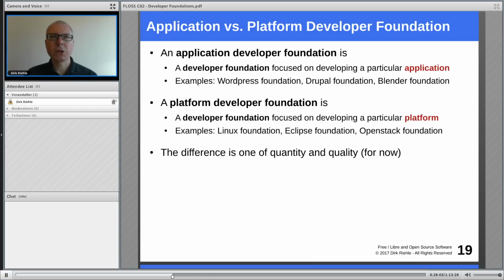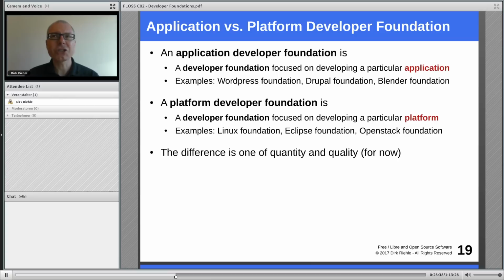Okay, so when we look at developer foundations, so far I mentioned the Apache Software Foundation as perhaps the original developer foundation. When we look at developer foundations today, we'll see that there are different variants of it, and simplifying, I identify here two types of developer foundations, which have the same motivations but behave slightly differently and have slightly different foci.